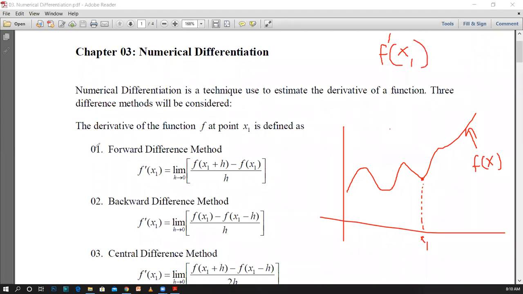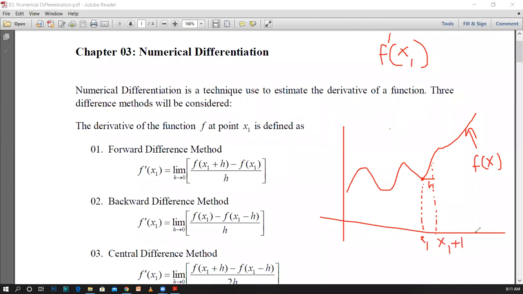The first one is the forward difference method. In the forward difference method, we consider a distance h, a very small distance on the positive side. The point becomes x1 plus h.